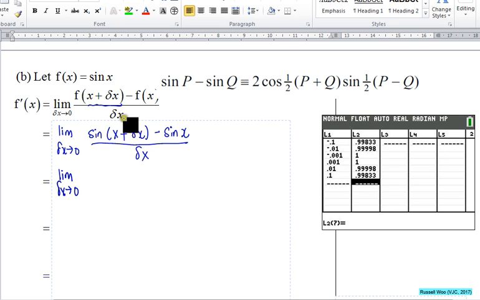So this is sine, I let this be P, I let this be Q. Don't care how I get that. This is from MF26. You all should know this.